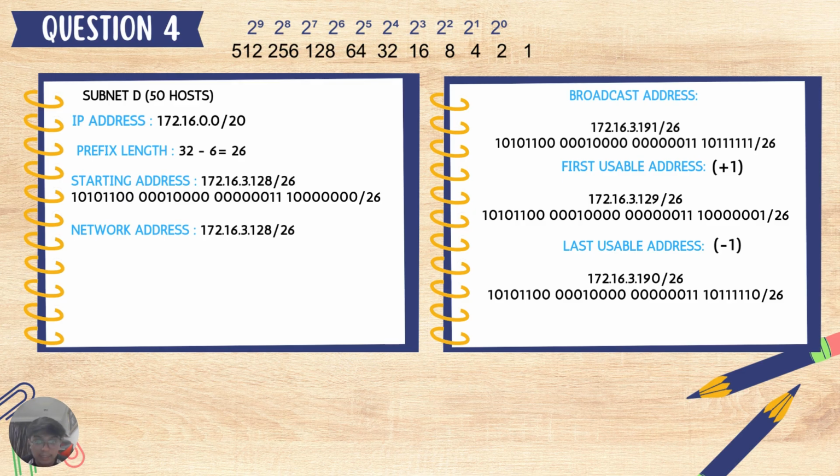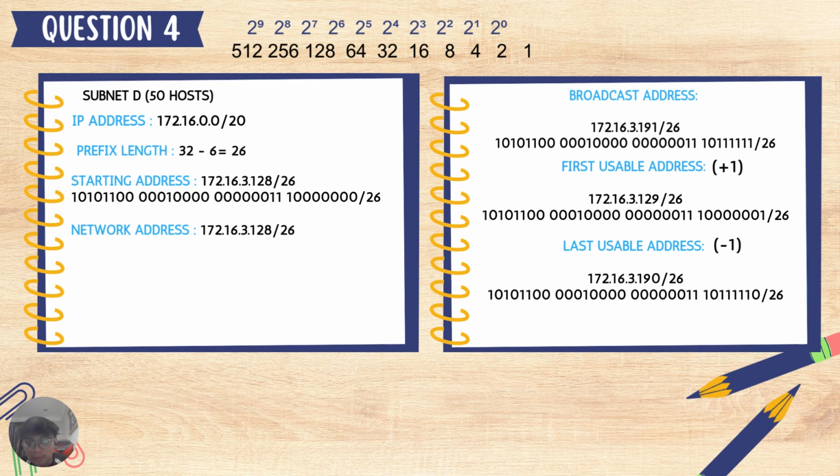Next is the broadcast address. We need to add 64, which minus 1 gives 63. We add the 63 to the network address, and after we add, we got 172.16.3.191/26. Next are the first usable address and the last usable address.